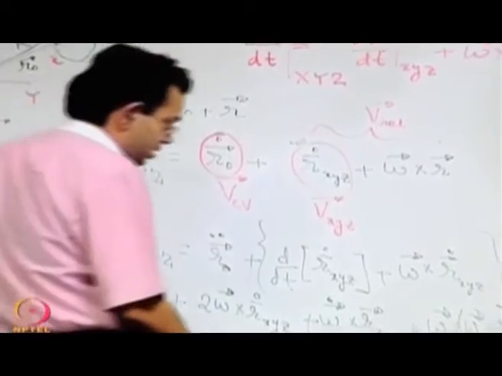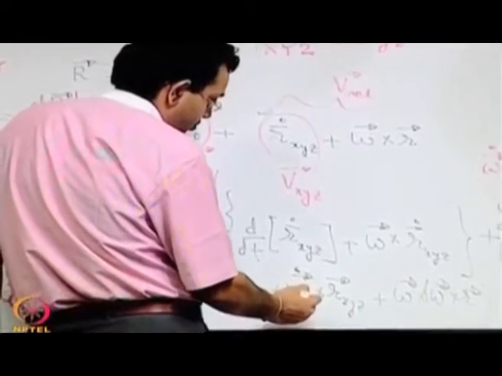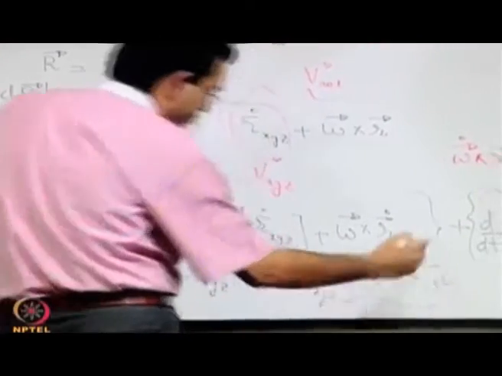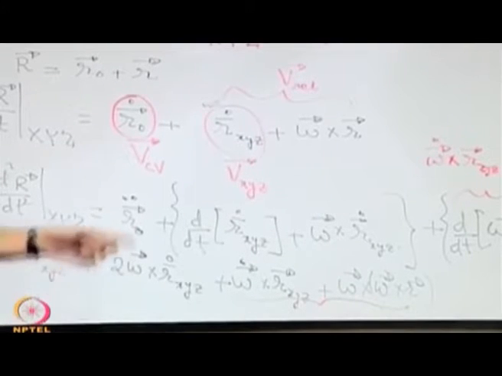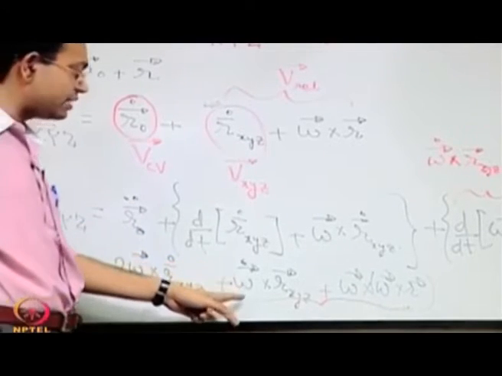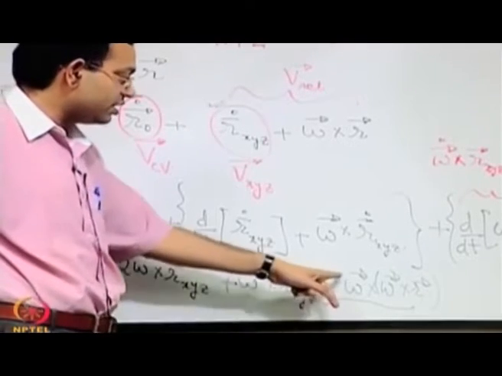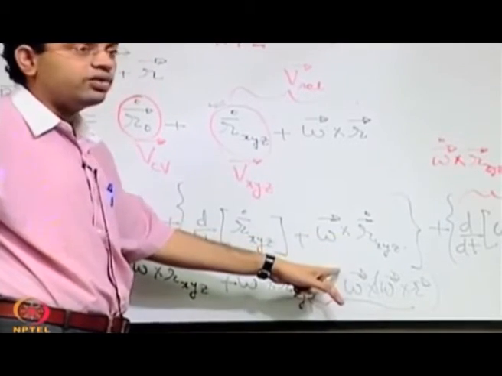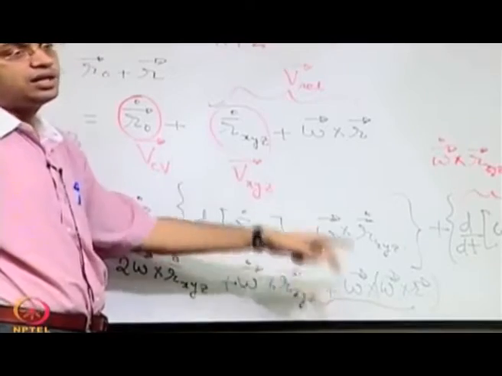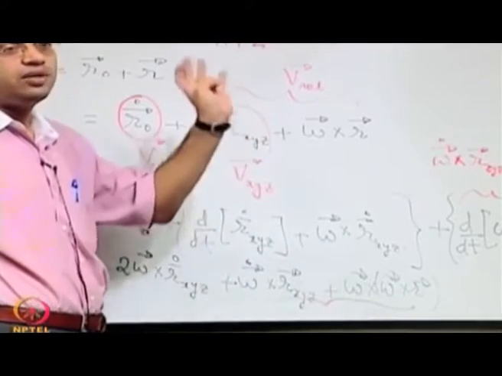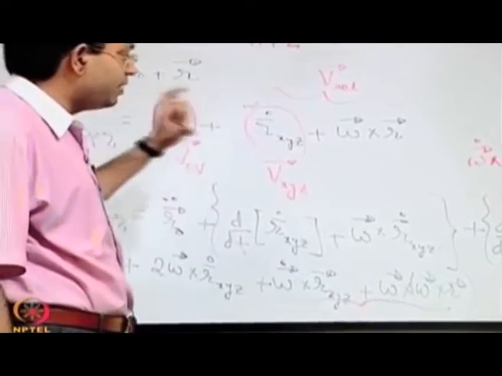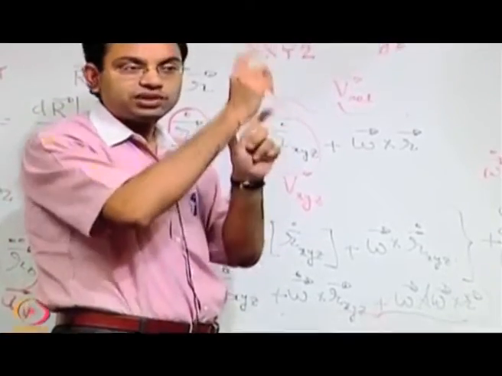And then if you consider these two terms, these are angular acceleration sort of effect. So this is not directly angular acceleration effect, but because of the time rate of change of even a fixed vector because of the angular motion within the element.